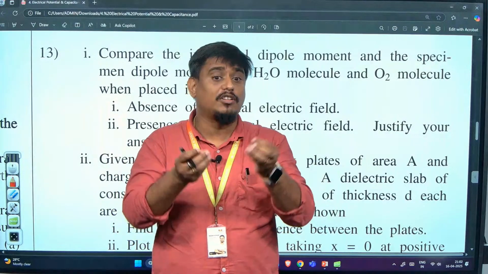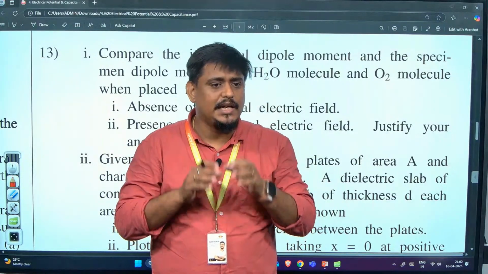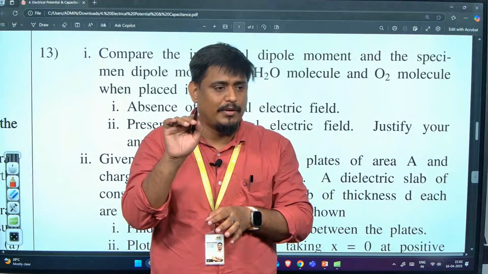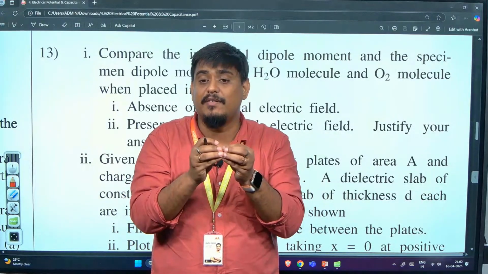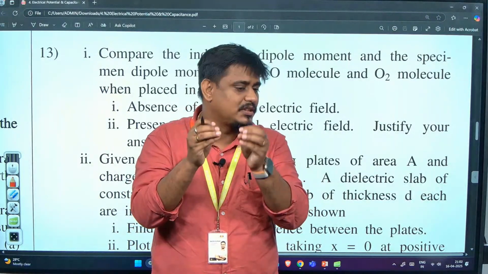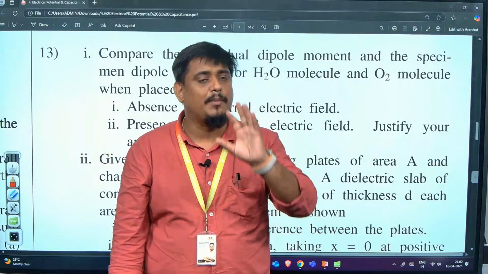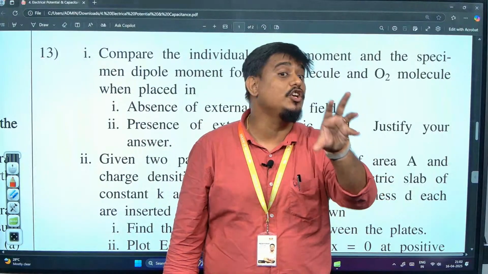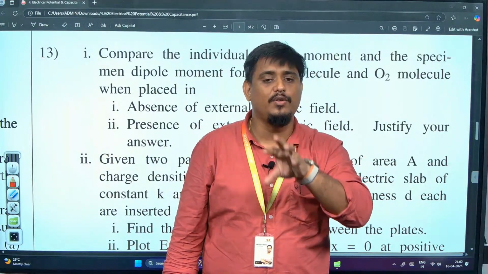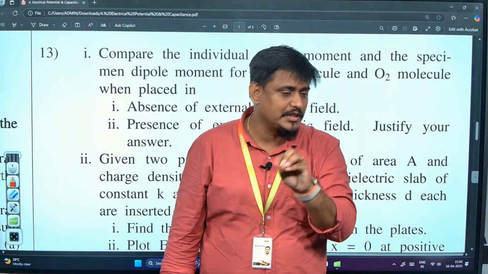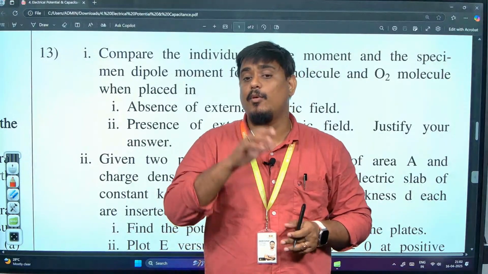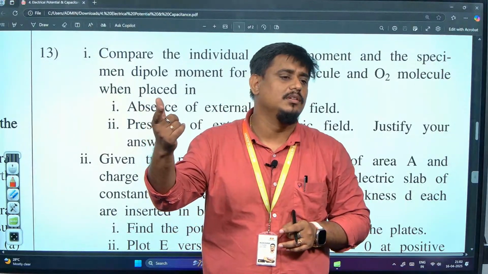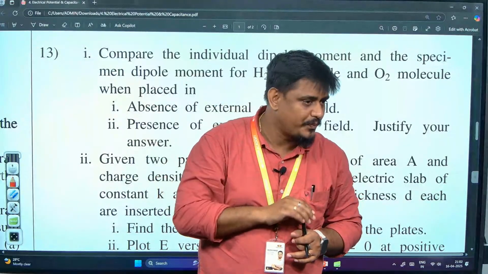If you take an oxygen molecule, it will have 0 dipole moment, because there is no separation between its negative and positive centers. So the dipole moment of a polar molecule has some non-zero value, and that of a non-polar molecule is 0.